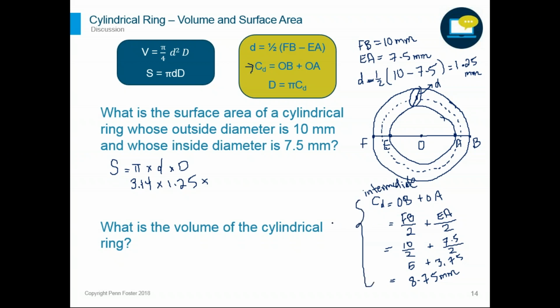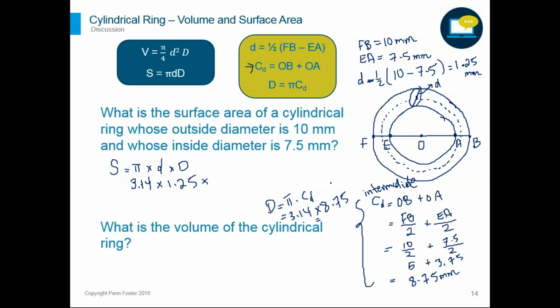So using this value, I'm able to say, well, D equals pi times the diameter. So pi times C little d equals 3.14 times CD, which is 8.75 millimeters. Multiply them together, that will give you the value of the circumference of the center circle that is needed in both formulas.